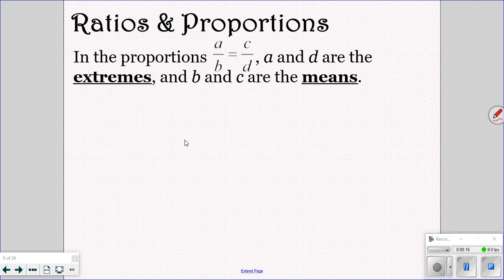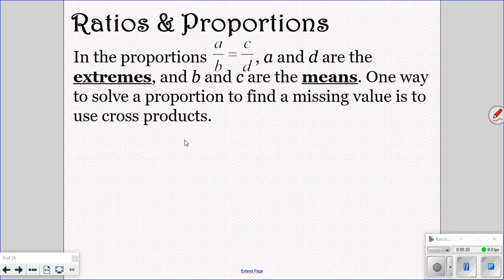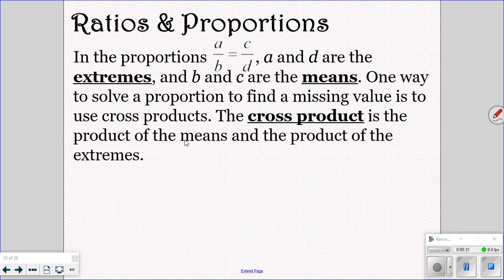But for now, A and D are your extremes, and B and C are your means. One way you can solve a proportion is to use cross products. And the cross product is the product of the means and the product of the extremes. So if you multiplied, you would have AD = BC. You're just going to cross multiply.